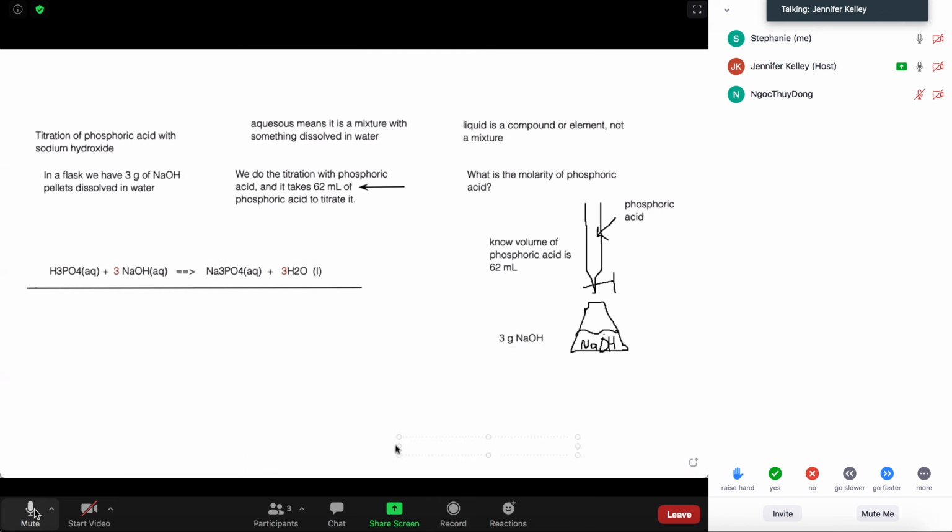So you can go volume to moles if you have molarity. But we don't have molarity, so we couldn't use the 62. But we can go from grams to moles using the molar mass. So that's easy enough. So we'll start there. All right.